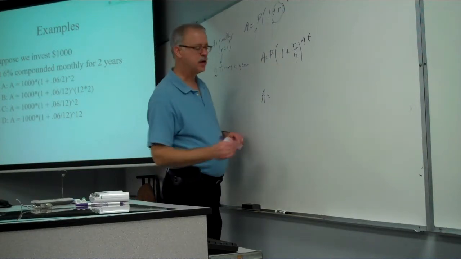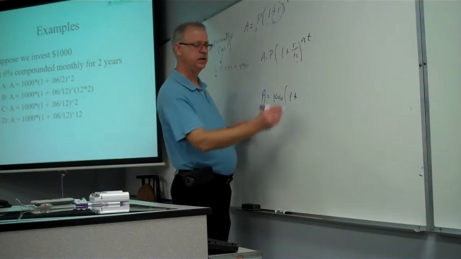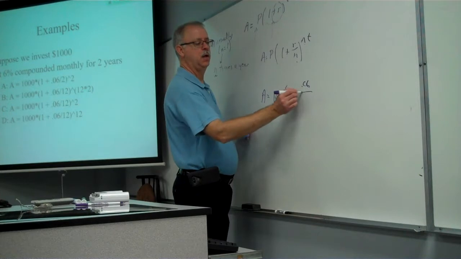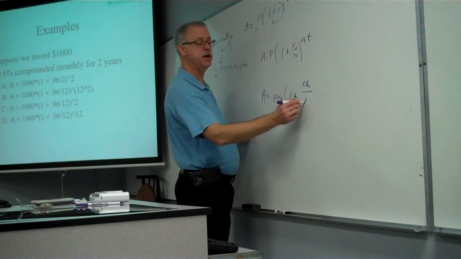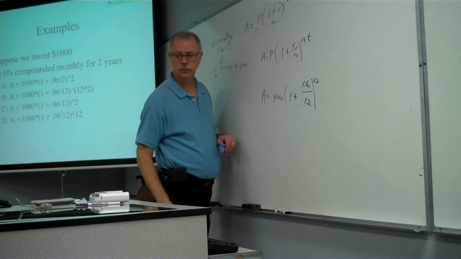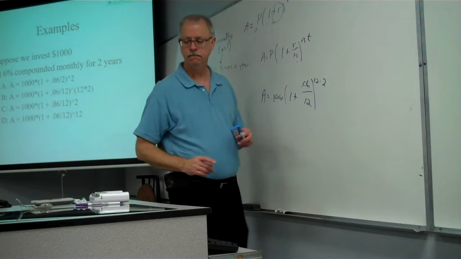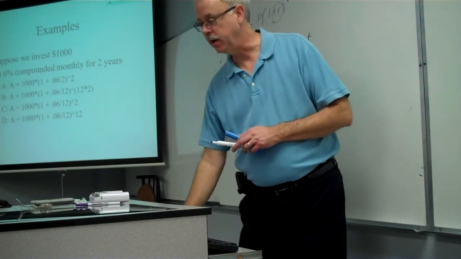So it's $1,000. The rate, I said here, was 6%. Monthly, well, there are 12 months every year. And the 12 shows up in 2 places, and then we were doing this for, what did I say, 2 years? And so we get B here.